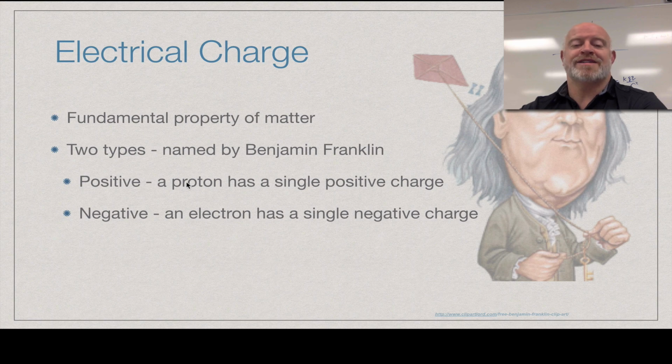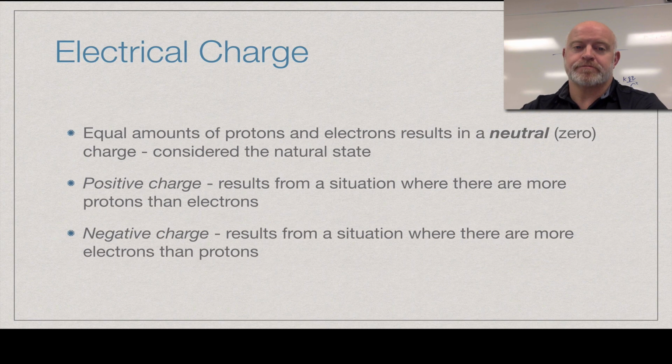By doing this, we're saying a single proton, we gave it a single number, saying it's one positive charge. One electron, we said, is one negative charge. That way, every time we have an electron, we can have a single digit, or a single one, being moved around, which is kind of nice. Now, continuing this idea of electric charge, if you take a look at a neutral atom, or a neutral bunch of atoms together, or a neutral system of anything really, if you have the same number of protons and the same number of electrons in the same space, you get a neutral substance.